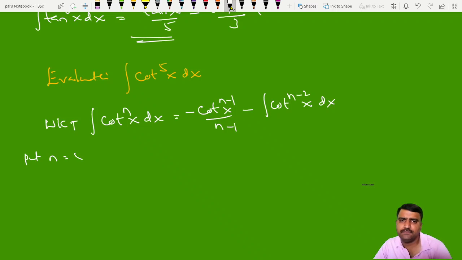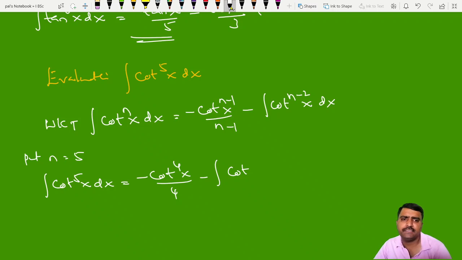Put n is equal to 5. So then what it gives, integration of cot to the power 5x dx is equal to minus cot to the power 5 minus 1, that is 4x, divided by 4, minus integration of cot to the power 5 minus 2, that is 3x dx, which is equal to minus cot to the power 4x by 4 minus, to find its value, cot cube x, you take n is equal to 3 here.